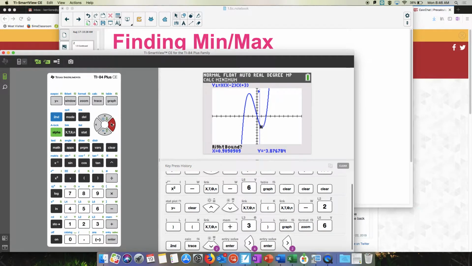So put your little blinky cursor somewhere within reason to the right of it, and hit enter. Then it's going to ask you, do you want to guess? Yes, I do want you to guess. So then you just have to press enter again, and it'll give you either a nice or not so nice coordinate for your minimum.